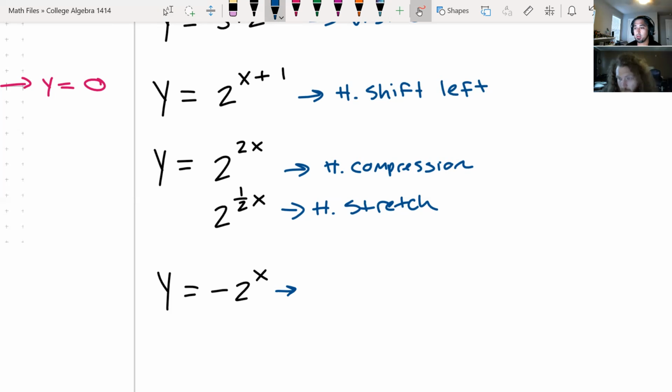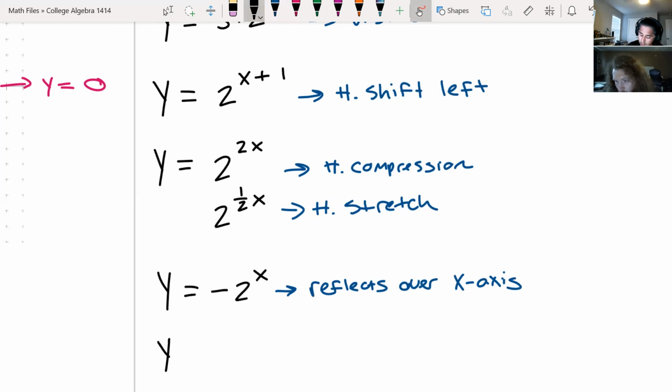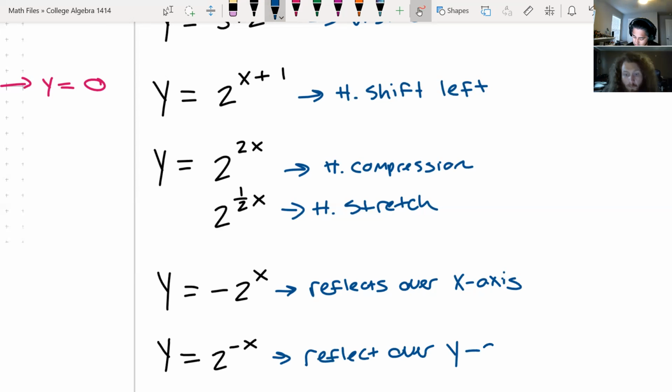It's a reflection. It reflects over the x-axis, which means my last transformation, y equals 2 to the negative x, would reflect over what? Y-axis. There you go.